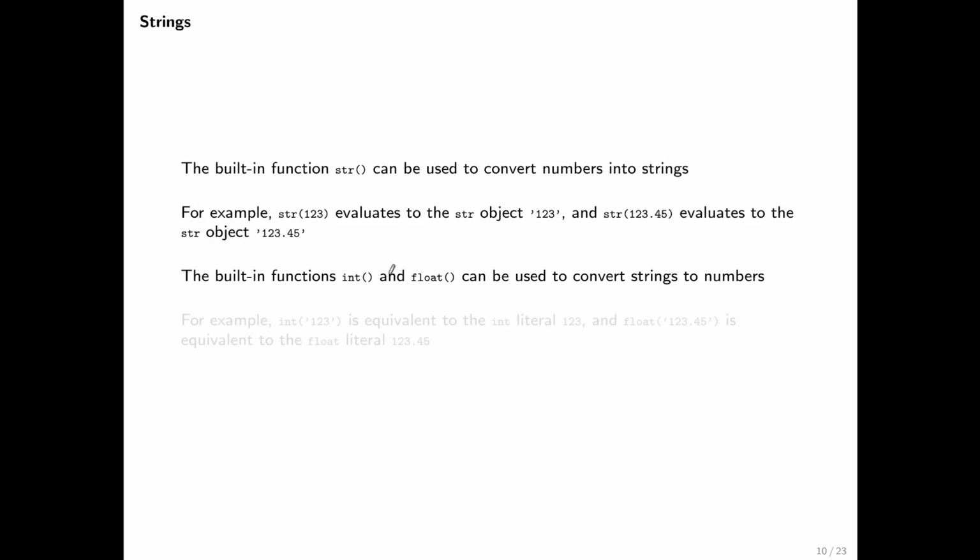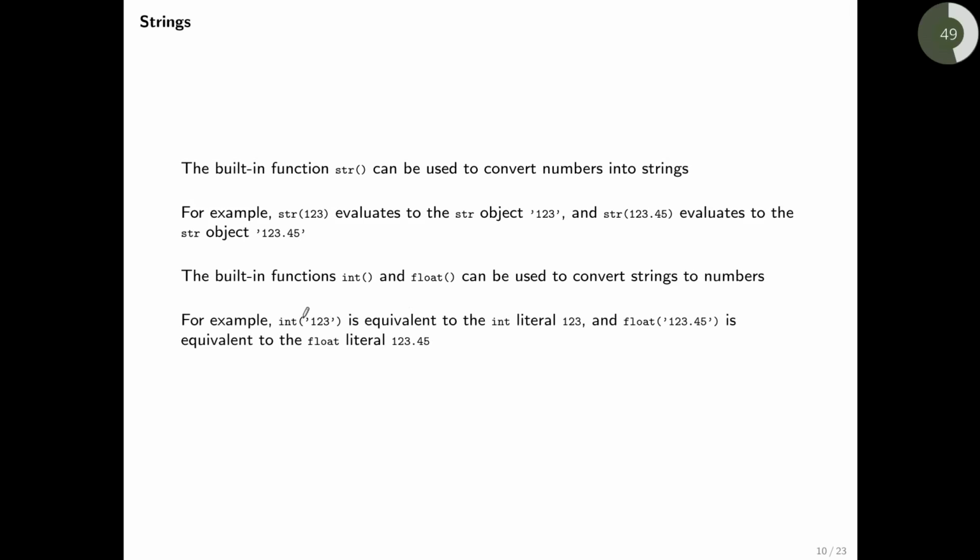Likewise, the built-in functions int and float can be used to convert strings to numbers. So with str, you went from a number to a string, but if you want to turn a string into a number, you could use int or float. For example, calling the built-in function int on the string literal 123 gives you the integer literal 123.